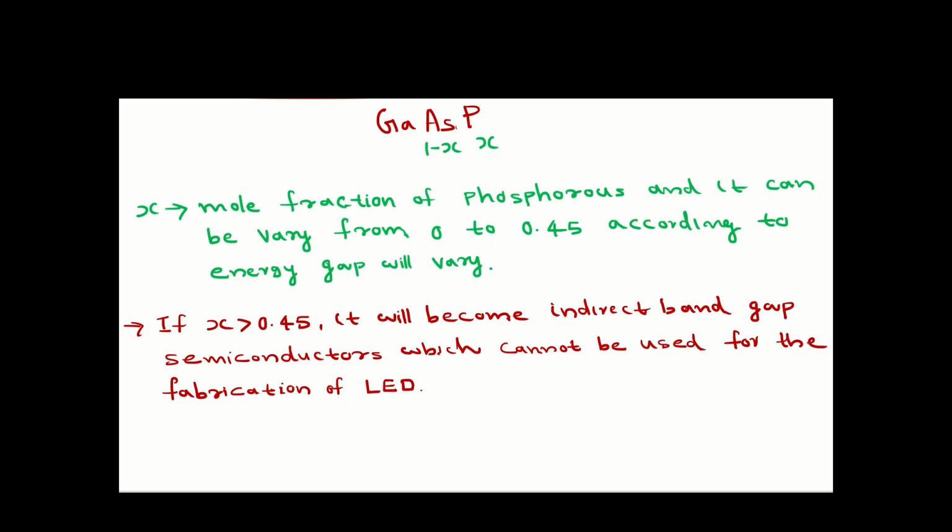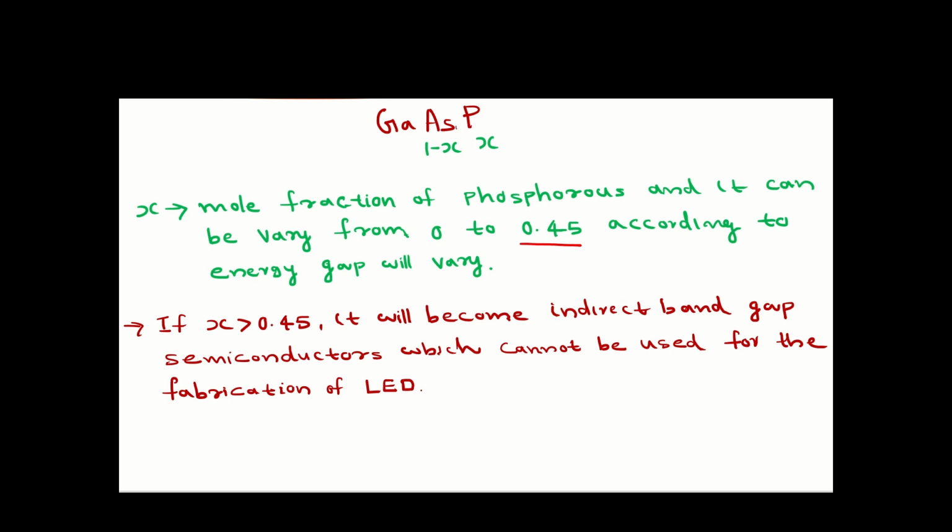So here I am writing gallium arsenide phosphide, GaAs(1-x)P(x). At the bottom of arsenic I have written 1 minus X, and at the bottom of phosphorus I have written X. X is the mole fraction of phosphorus and it can be varied from 0 to 0.45, and the energy gap will vary accordingly. Why am I choosing a limit of 0.45?